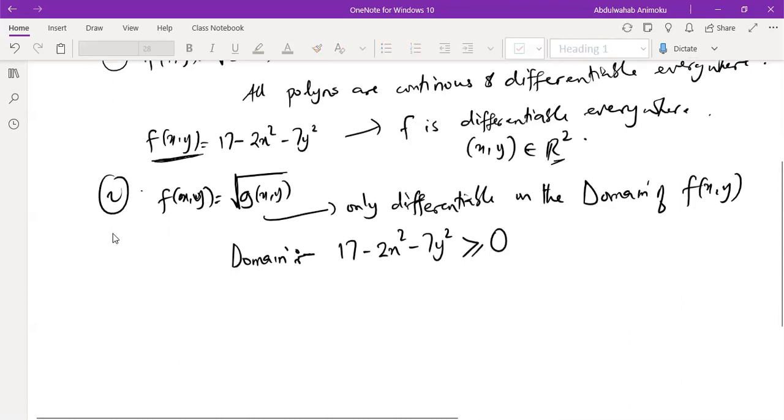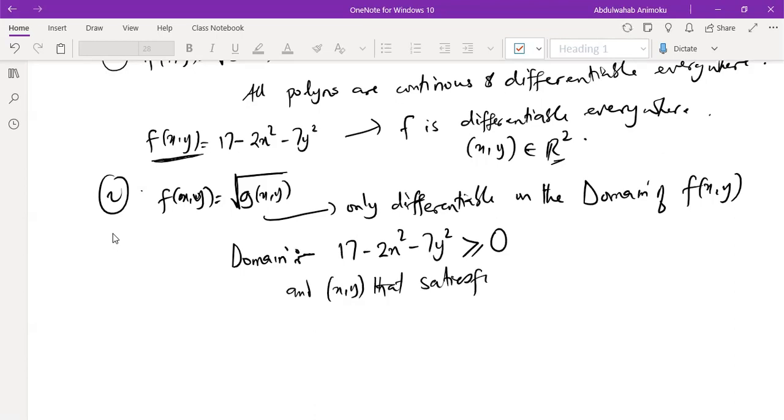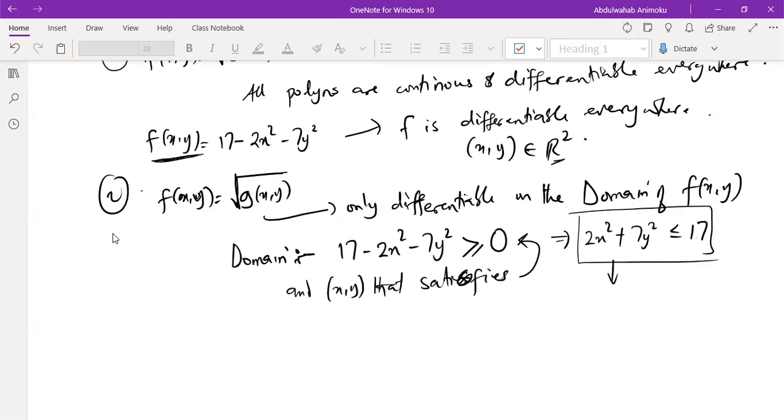So any xy that satisfies this would be in the domain. Basically, 2x squared plus 7y squared must be less than or equal to 17.